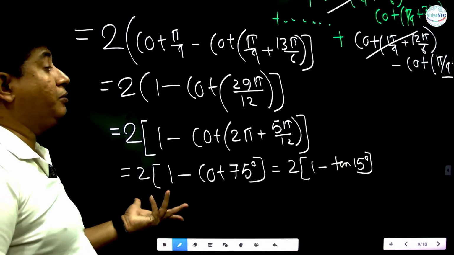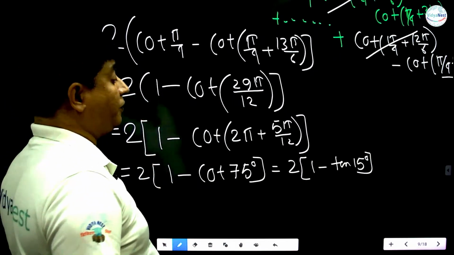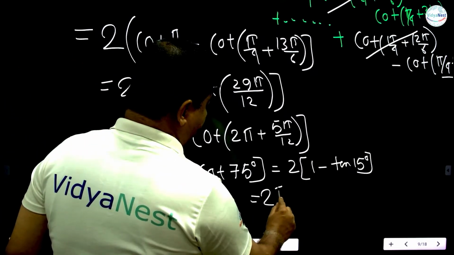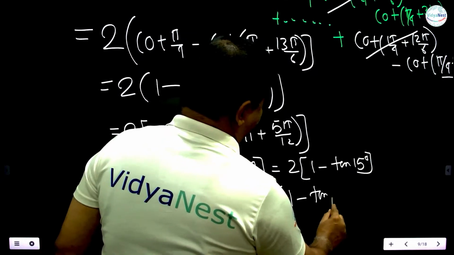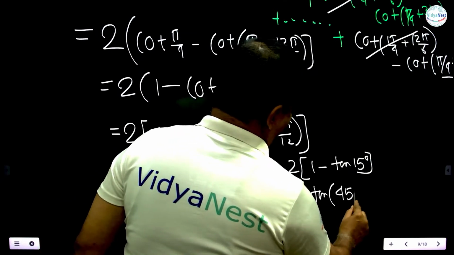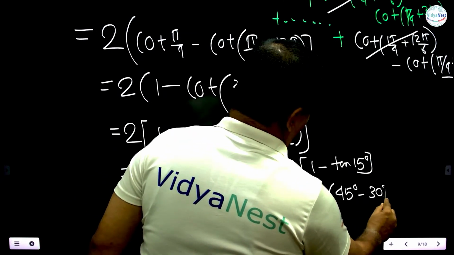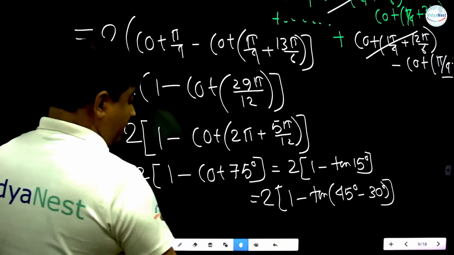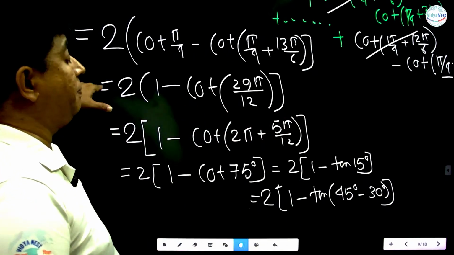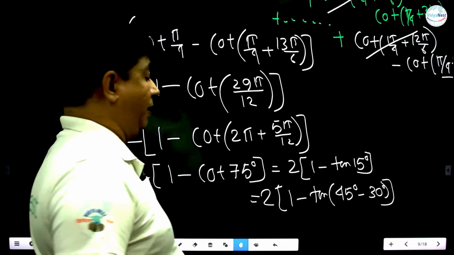Tan 15 means tan of (45 minus 30). So tan (A minus B) is the basic rule. See, the whole sum depends on the basic rule and the sigma.